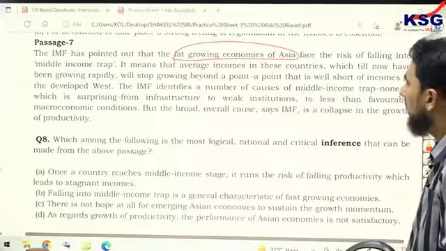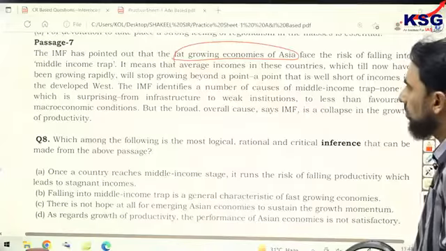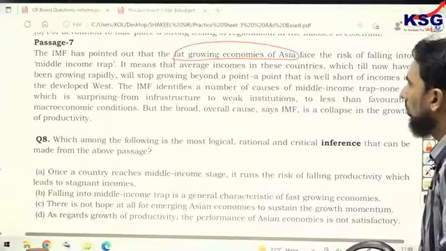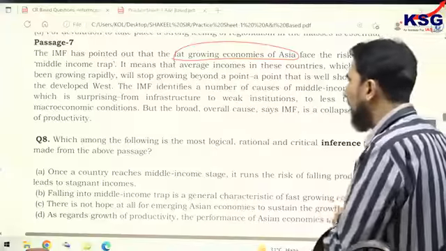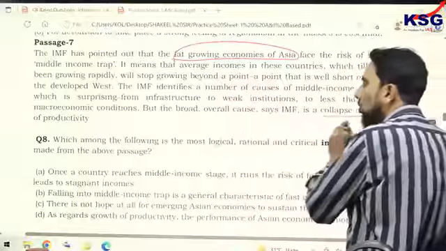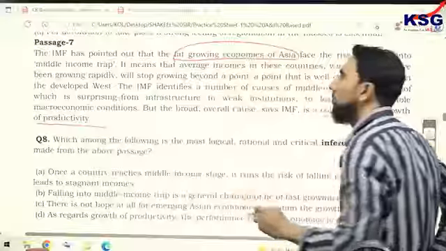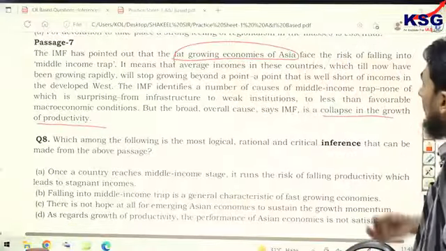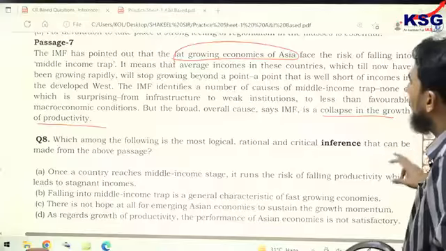And the IMF identifies a number of causes of the middle income trap, none of which is surprising, right? So all the reasons have been mentioned, but the broad overall cause, says the IMF, is a collapse in the growth of productivity in the fast growing economies of Asia.